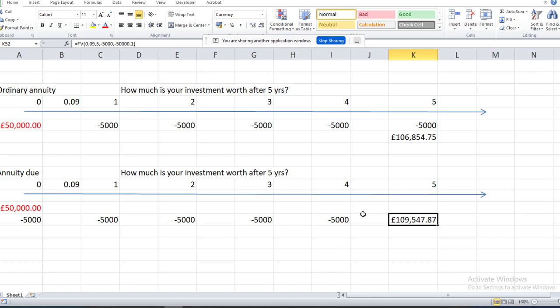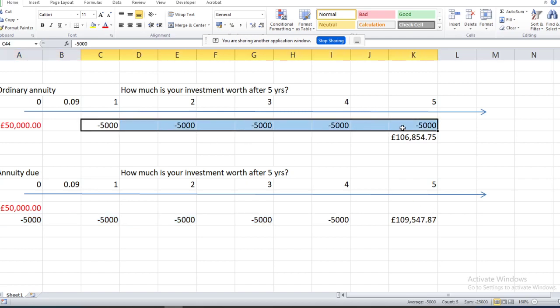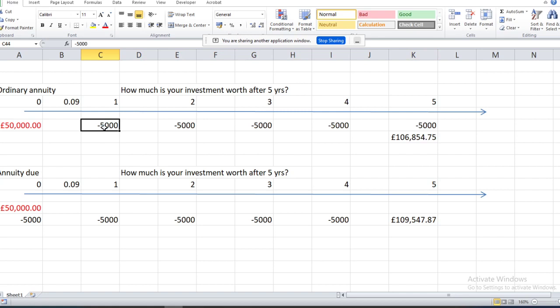The reason for that is because each of these 5,000s have more time to grow, right? Look at the 5,000s in the first example. The first additional investment of 5,000 only has 1, 2, 3, 4 years to grow. The last 5,000 doesn't have any time to grow at all, right? So you deposit this 5,000 yesterday and today you already withdraw all of the money.